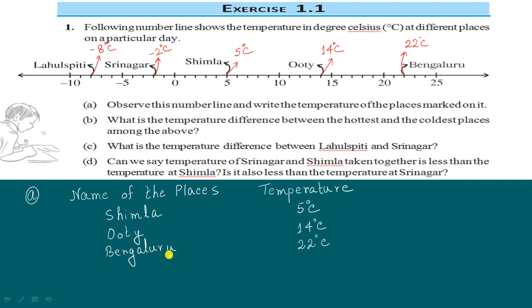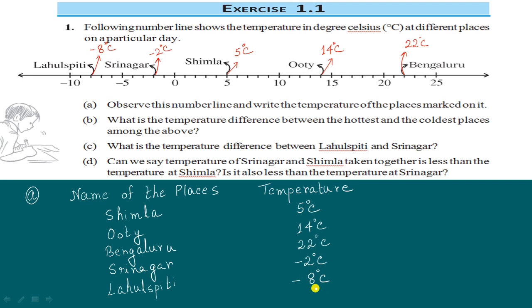Next one is Srinagar. And the temperature of Srinagar is minus 2 degrees centigrade. And the temperature of Lahore Spiti is minus 8 degrees centigrade. Right?